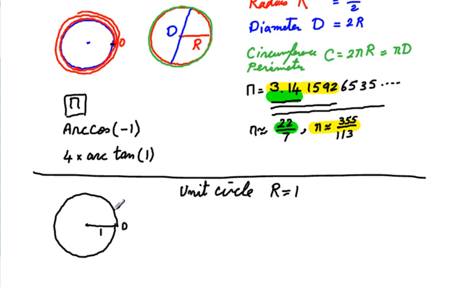Now, as I go around the circle and come back here, how much have I traveled? That is the circumference of the circle. Circumference was 2 pi r. So now the circumference is 2 pi times 1, which is just 2 pi, which is approximately 6.28. 2 times pi is 6.28.